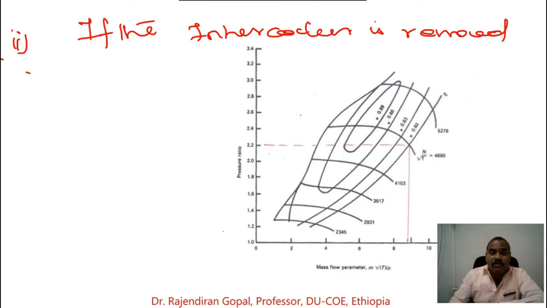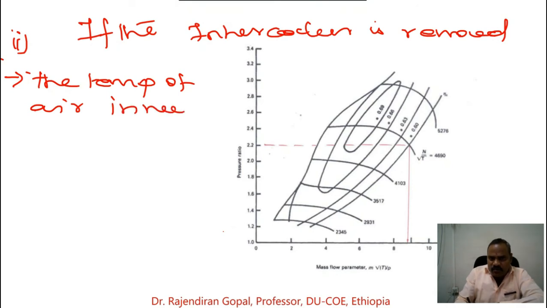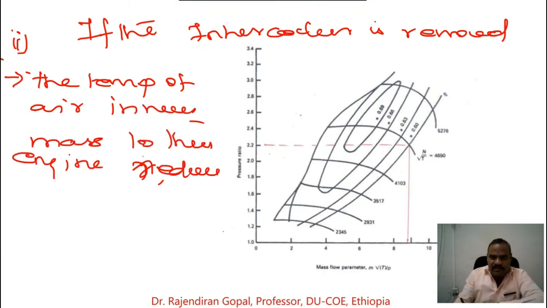The second question is, if the intercooler is removed, what will happen to the compressor parameters? First, if the intercooler is removed, the temperature of air increases, so the mass flow to the engine is reduced, so the mass flow parameter is reduced.